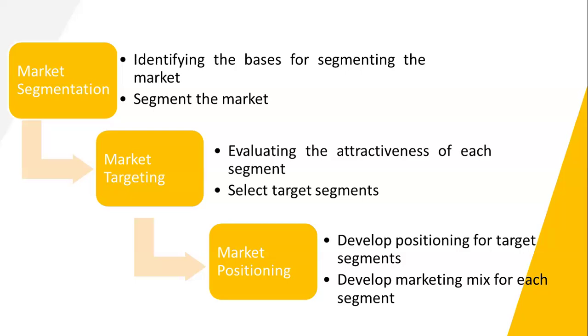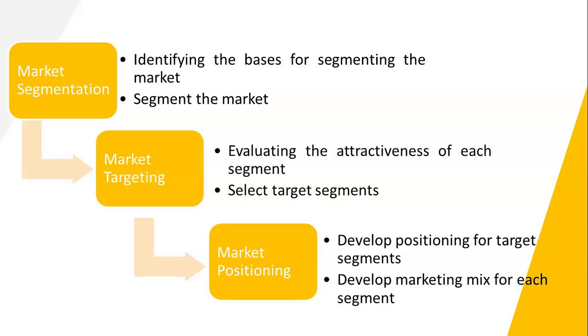So the first thing is you have to segment the market, right? So you have to find out some criteria or some basis to segment the customers in the market, and based on these criteria, you segment the customers.